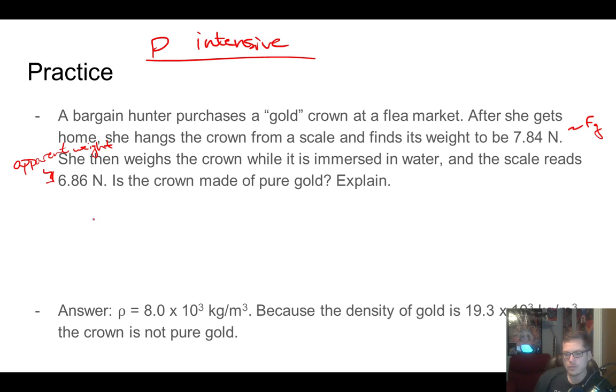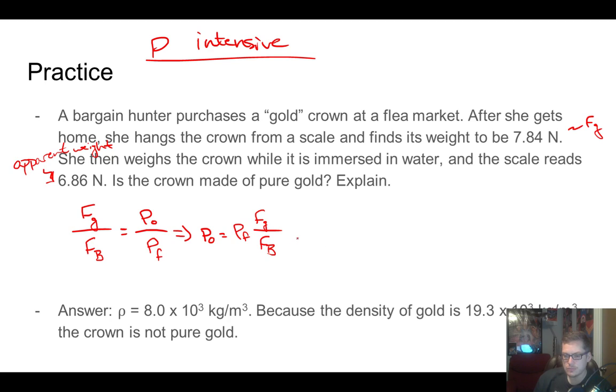Well, we know from the previous slide that the force due to gravity over the buoyant force is equal to the density of the object over the density of the fluid. We want to find the density of the object, so we can multiply both sides by the density of the fluid. So that means that the density of the object is equal to the density of the fluid times the force due to gravity divided by the buoyant force.